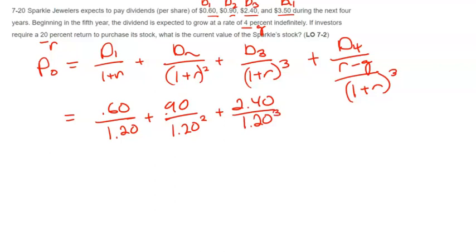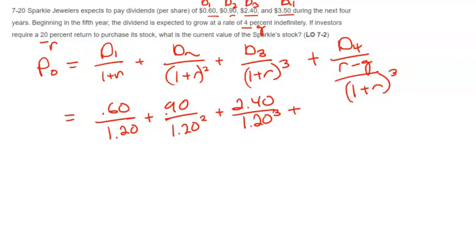It's important to remember the order of operations when you do these calculations, and that's why if you try to do this on your calculator and you get the wrong answer, that's likely because you didn't do the order of operations correctly.